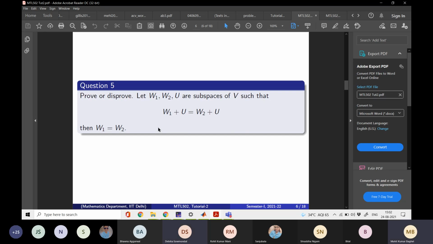You have to take an example. Let's say W1 and W2 are two different subspaces and U is a trivial subspace. Then it is not following. So we are disproving this by supplying an example.